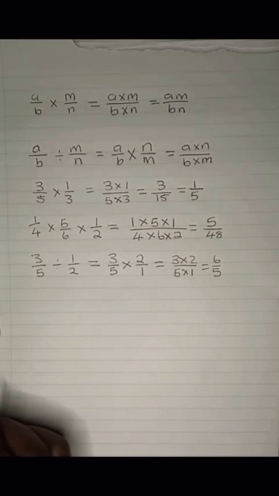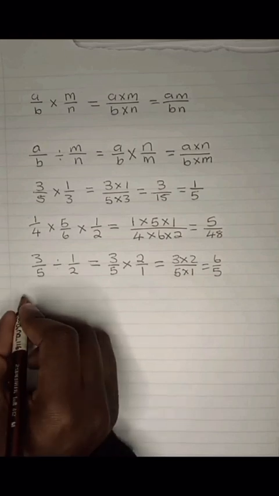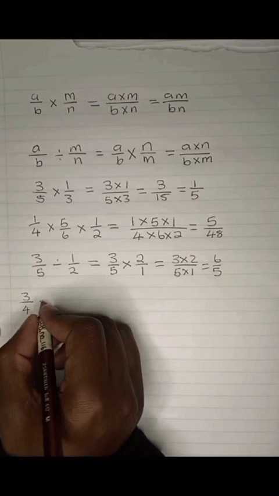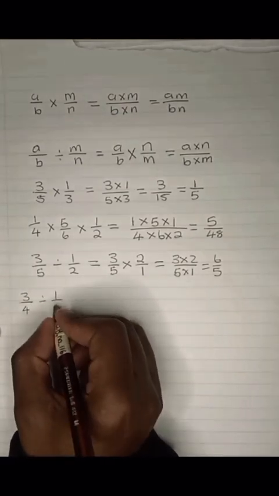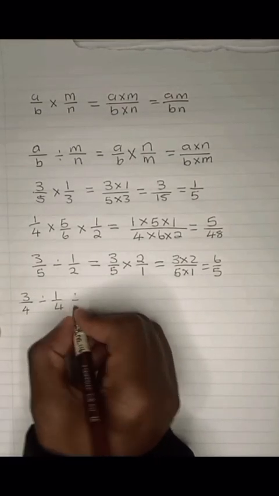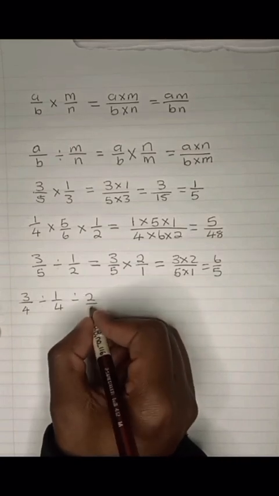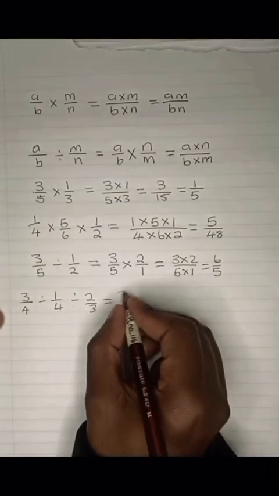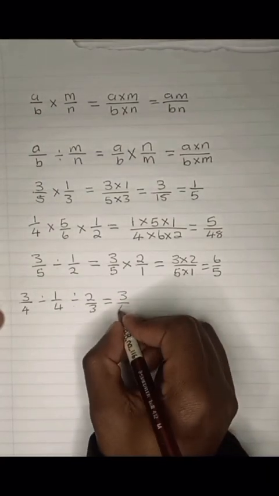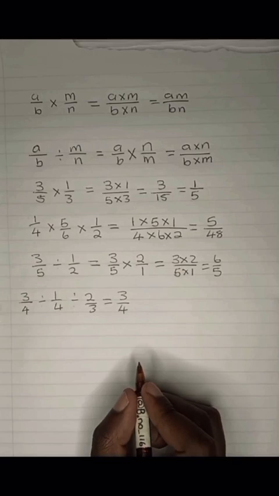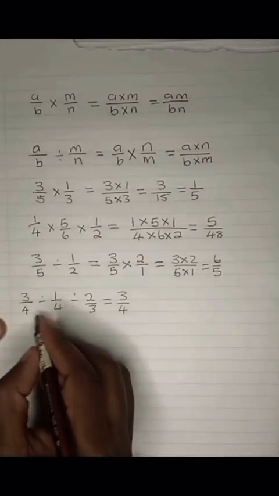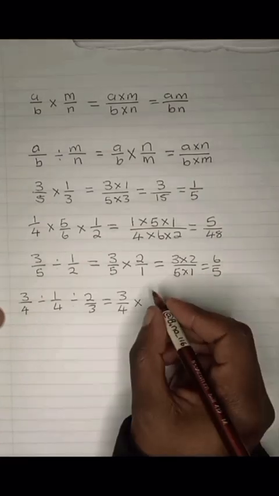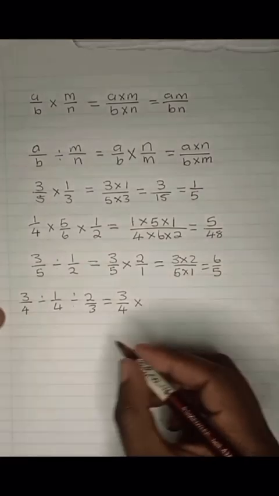Let's do the one that's more sophisticated. Say you have 3 over 4 divided by 1 over 4 divided by 2 over 3. When you have it like this, you're going to write, remember, your first fraction, which is 3 over 4. And then you change the division sign into multiplication, and then you swap the next fraction.